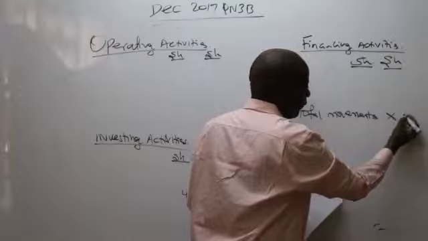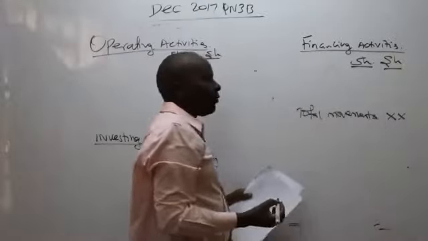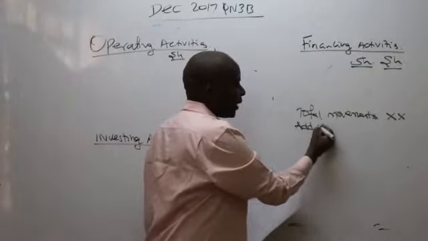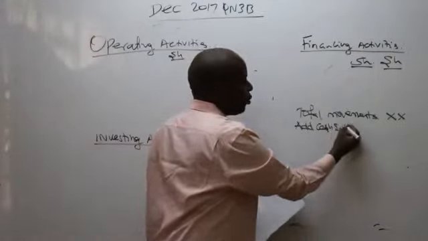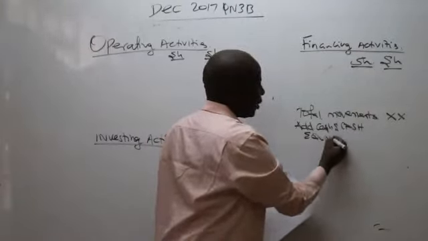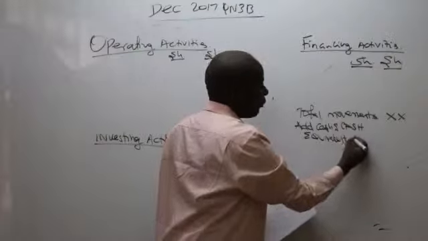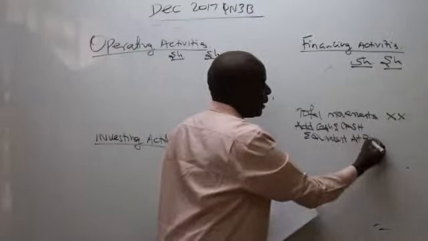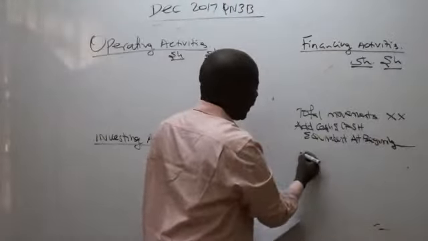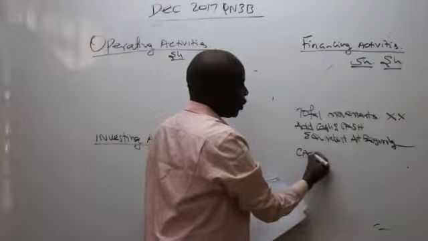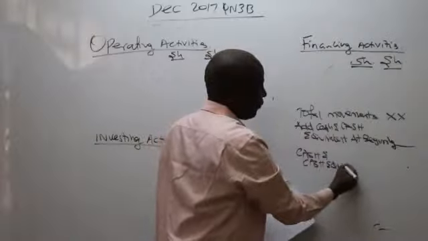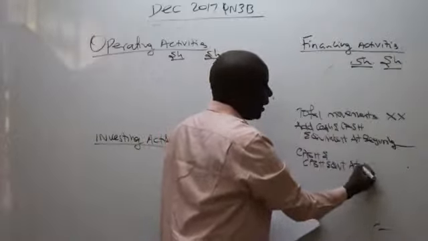To that I'll add cash and cash equivalents at the beginning, brought forward. And then the moment I add, I should get cash and cash equivalents at the end.